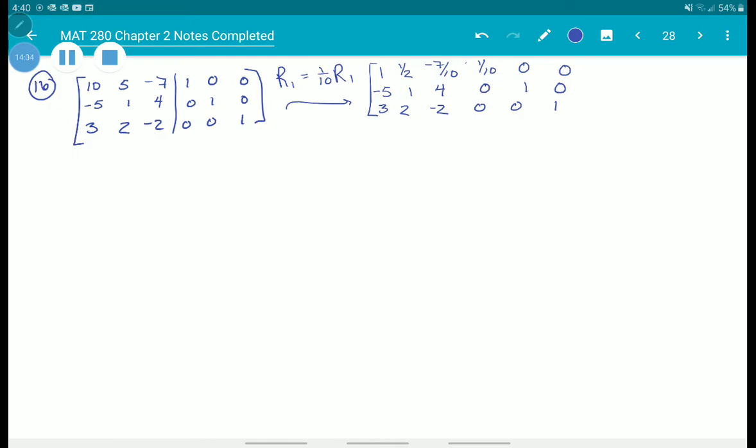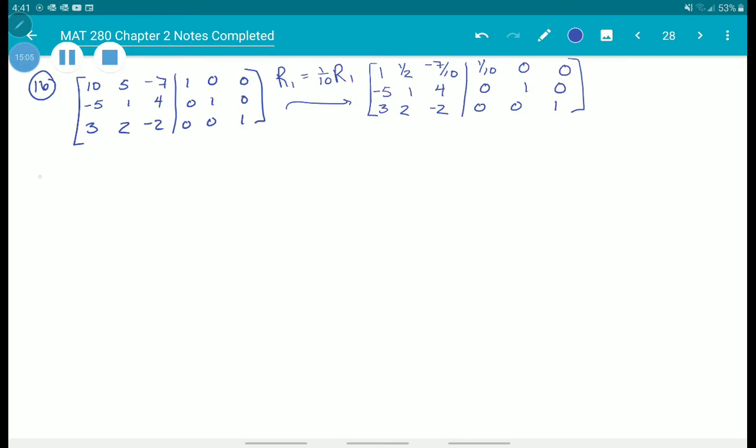And I do like to keep this line in there just so I can keep up with what's what. So next step is to zero out everything under that leading 1 in the top left hand corner.